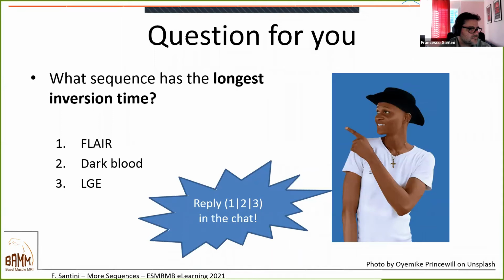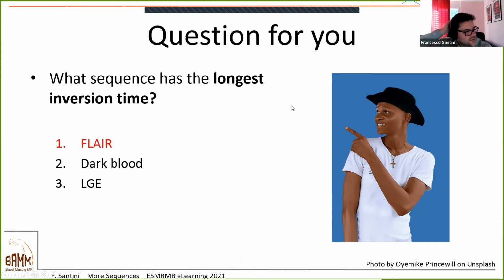Yes. Very good. So the consensus seems to be 1. And it is indeed the flare sequence, because the flare sequence wants to suppress the CSF, and the CSF has the longest T1 of all the tissues in the body.